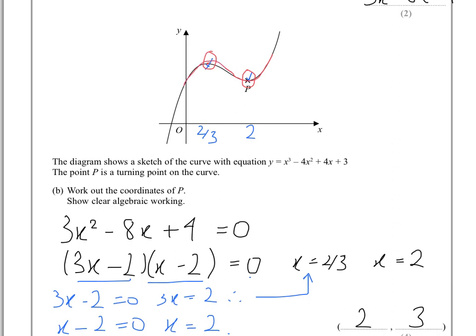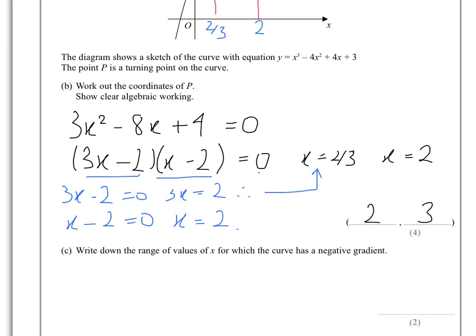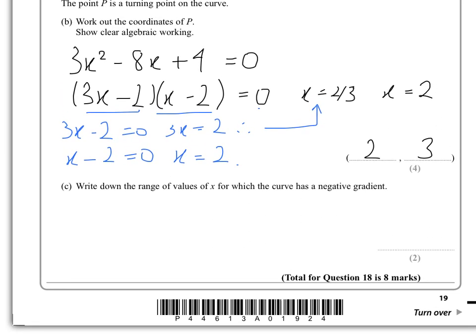That means the only place where this curve has a negative gradient is between those two places there, between 2 over 3 and 2. Therefore, the range of values of x for which the curve is negative is between 2 over 3 and 2.